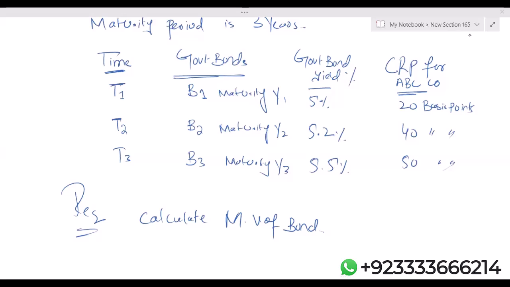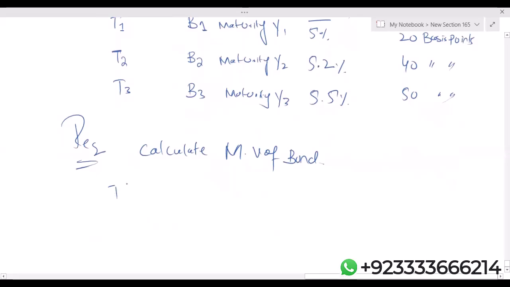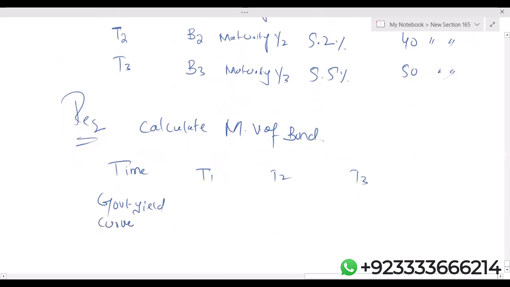Now, actually YTM will be different every year. Now it will not be the same. What I'm going to do, let me show you. T1, T2, T3. I'll take the government yield. The proper name is government yield curve. You will obviously see the article on this yield curve as well. Don't worry at all.